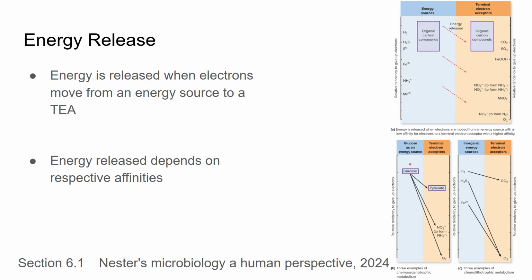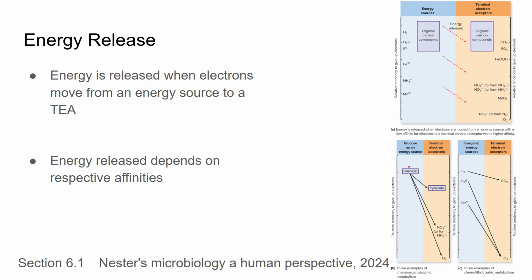So depending on how many electrons are being released, how electronegative the difference is tells us how much energy is being released. So if we have glucose just releasing its electrons to pyruvate, this would be in like fermentation, you wouldn't have too much energy being produced. But if you have glucose sending its electrons over to oxygen, oxygen really wants electrons, so a lot of energy is going to be released in this case.